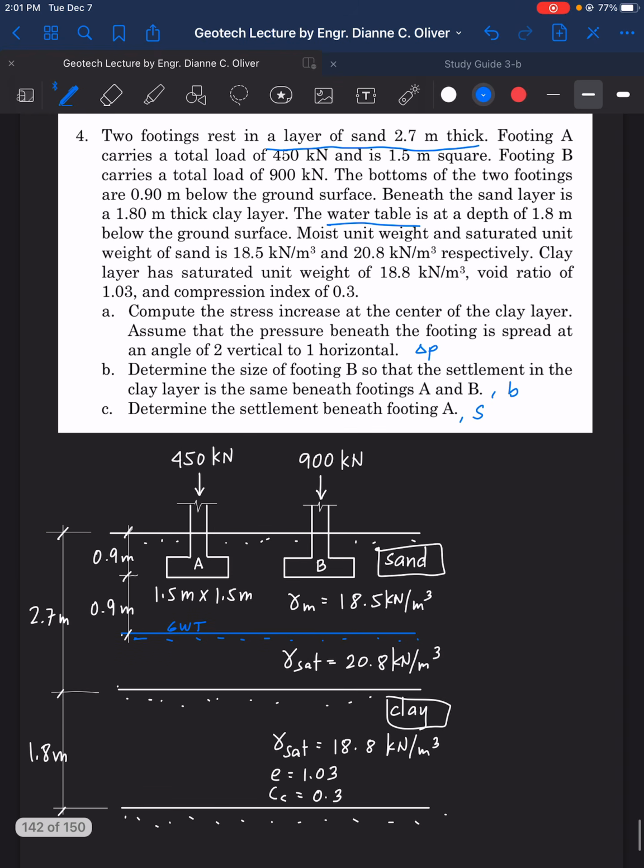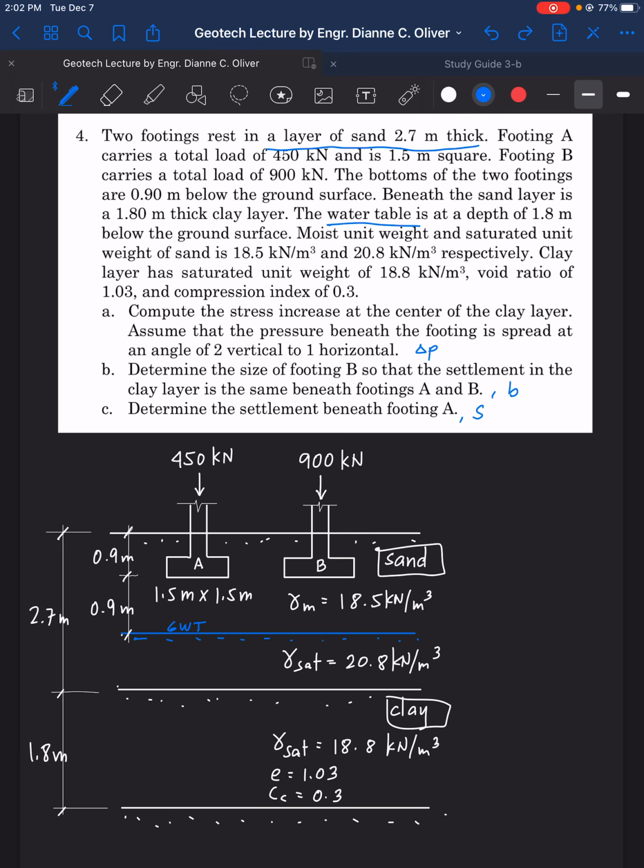Letter A, compute the stress increase at the center of the clay layer, assuming that the pressure beneath the footing is spread at an angle of 2 vertical to 1 horizontal. The question here is, which footing is letter A talking about? Is it footing A or is it footing B? It did not mention which footing it needs to solve.